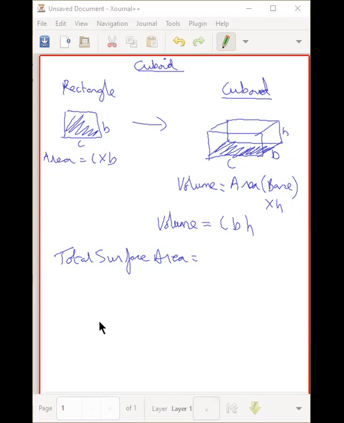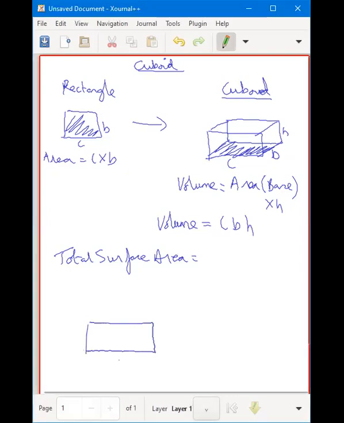What will happen in the 6 faces? We have these 2 front faces, the front face, which is L into H. Similarly, we have this face at the back side, which is again L into H. So if we look at these 2 faces, what is the area of each face, Siddhant?